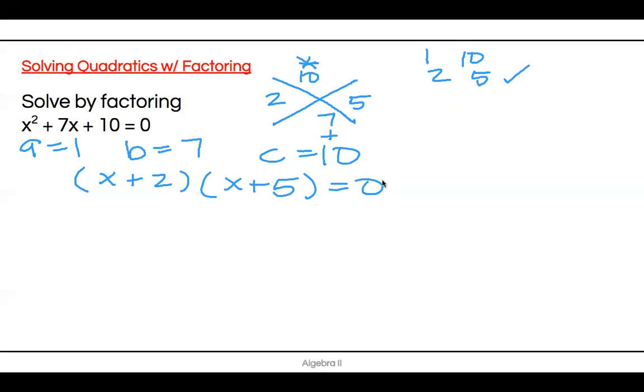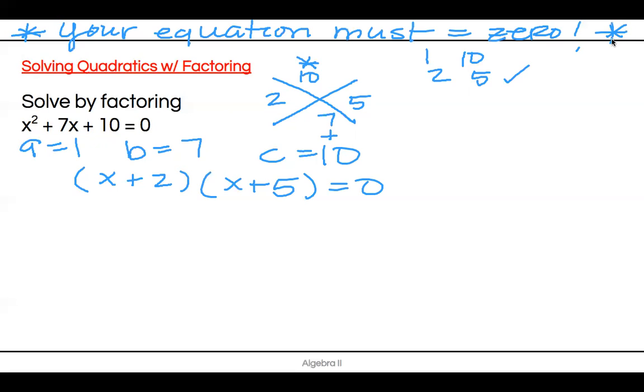And there's one thing that I should have noted at the very beginning that I didn't, is that when you are solving by factoring, your equation must equal 0. Okay?